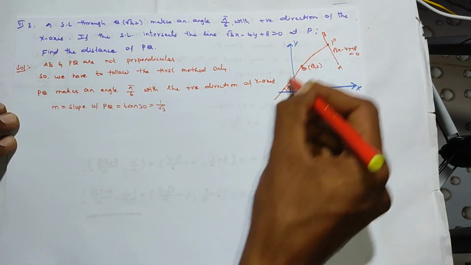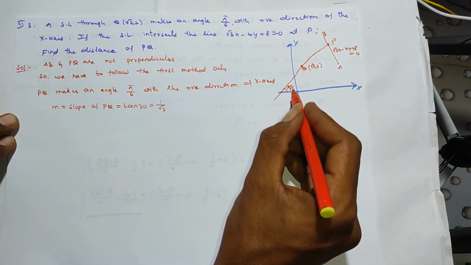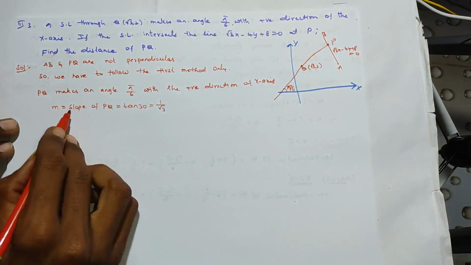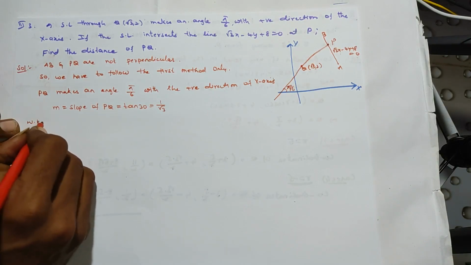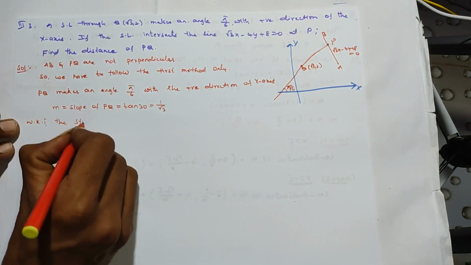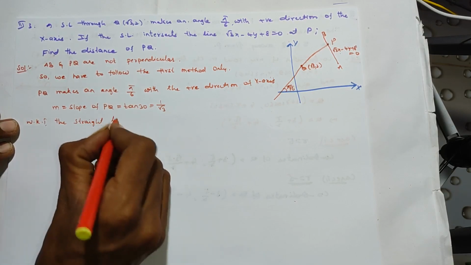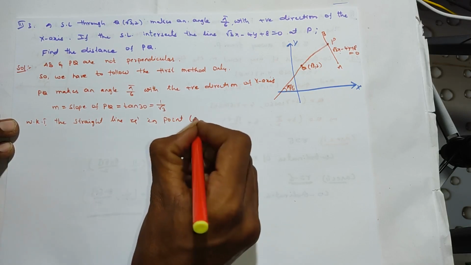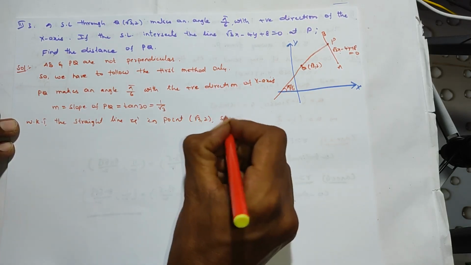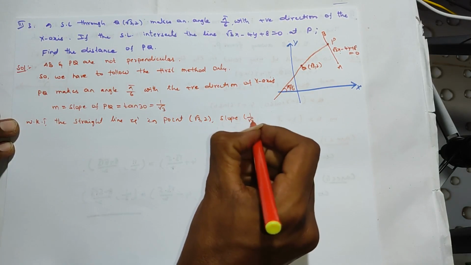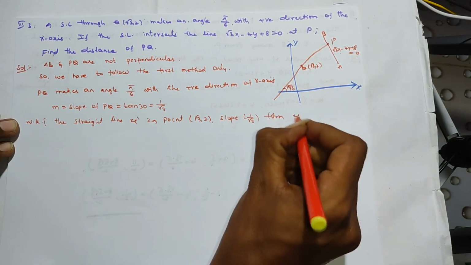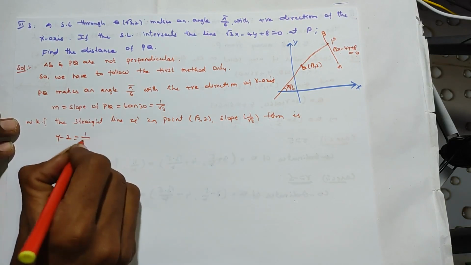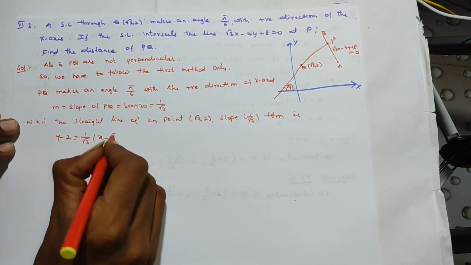So the slope of this line is 1 by root 3 and it passes through Q of root 3 comma 2 with the slope m. We know the straight line equation in point slope form, the point is root 3 comma 2, slope is 1 by root 3, the form is y minus y1 is equal to m into x minus x1.